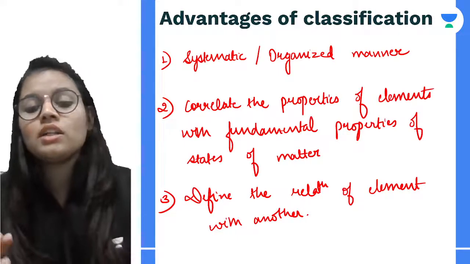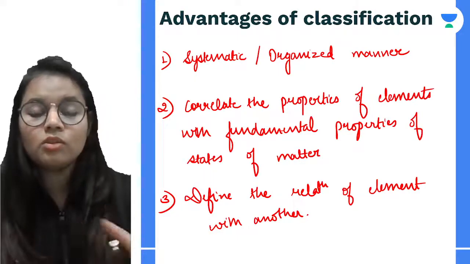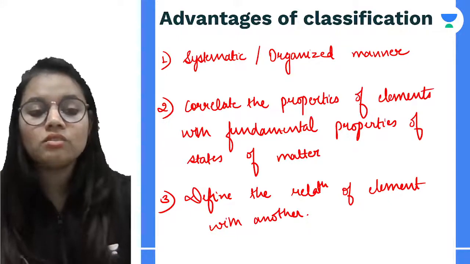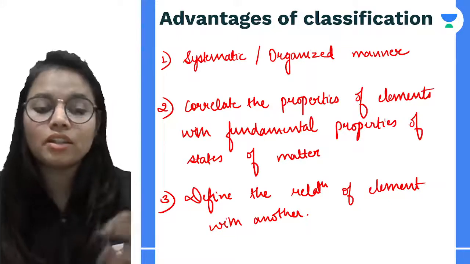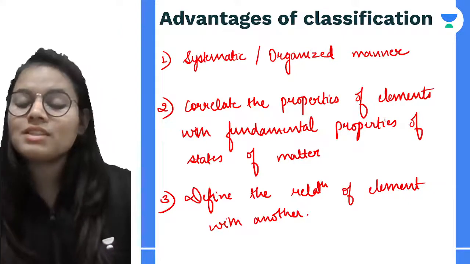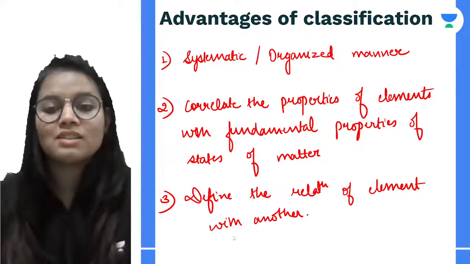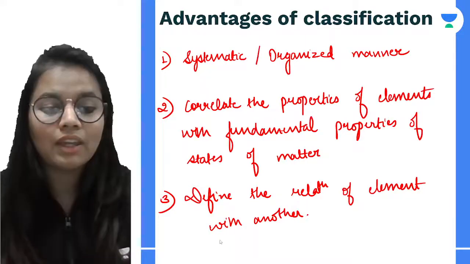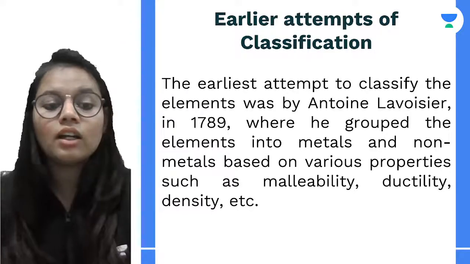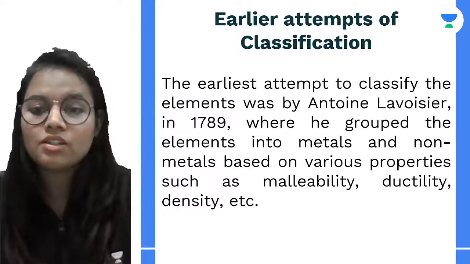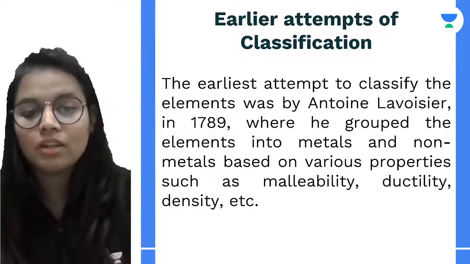There were some disadvantages about those methods, and that is why we needed to go for some other methods. So we will be seeing some of the trials which different scientists gave for classifying the elements.